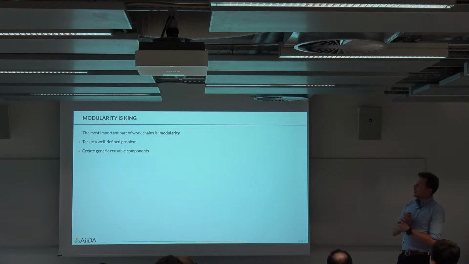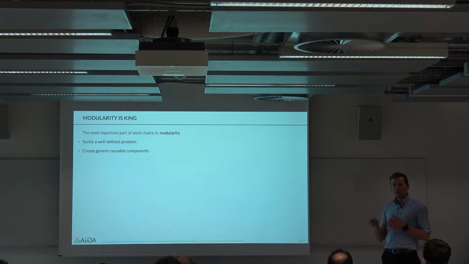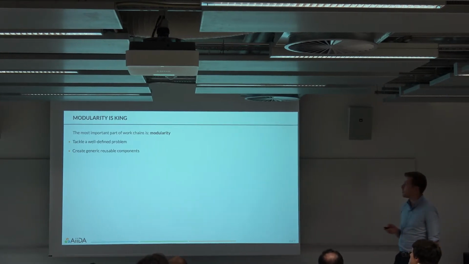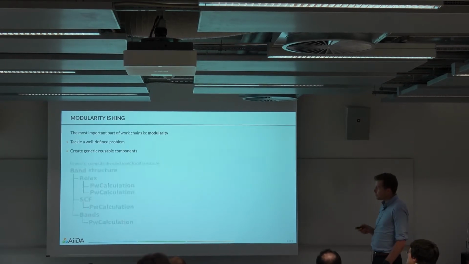So in this case, if you create robust components like a base restart workchain, where you put all the logic that's necessary for error restarting, dealing with problems, the idiosyncrasies of PW, then your higher-level workflows no longer have to do this. They can just call the base restart workchain, and they can be assured that it will take care of all the problems, and they can just focus on the high-level stuff. It makes it a lot easier. Plus, you can then use this base restart workchain everywhere, and you don't have to repeat yourself.